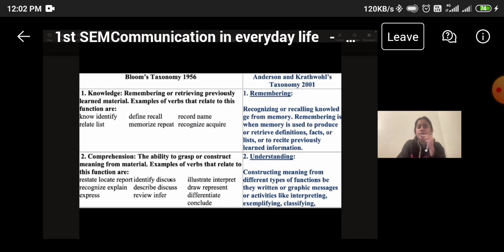Knowledge is to arrange and define. So knowledge now is being defined as to recognize or recall knowledge from memory. Remembering is when memory is used to produce or retrieve definitions, facts or lists, or to recite previously learned information. So now knowledge has become remembering. Comprehension has been defined as understanding, constructing a meaning.